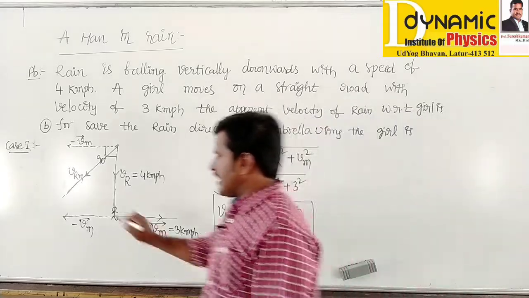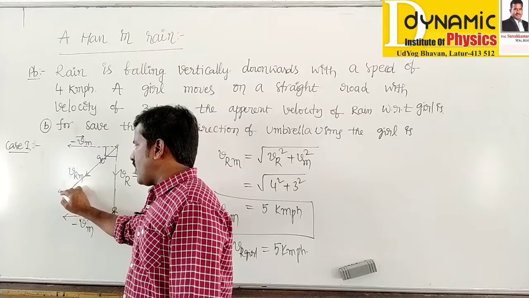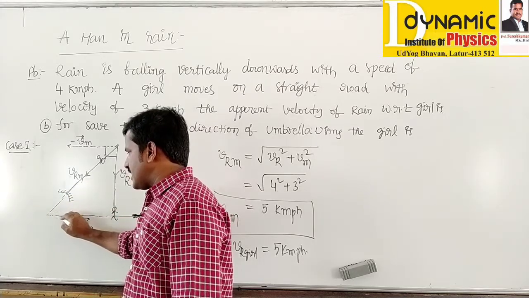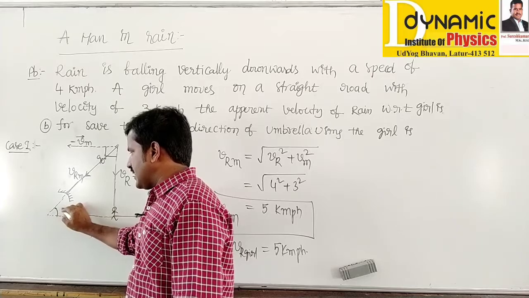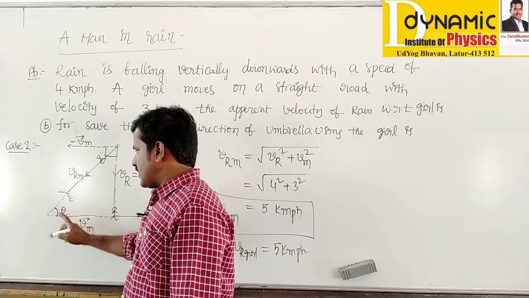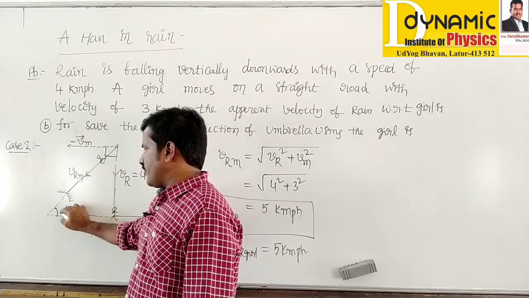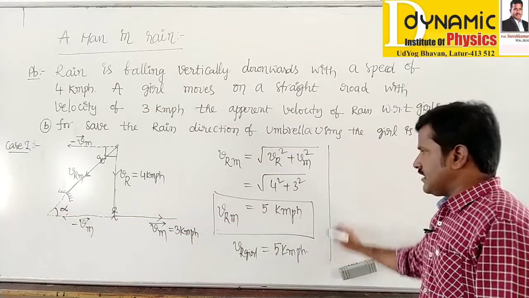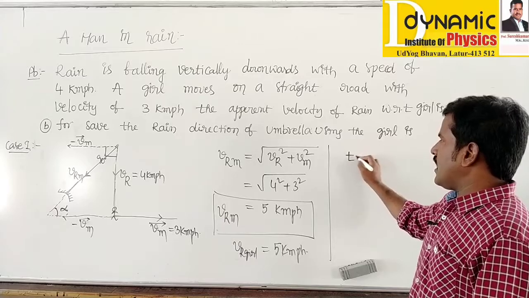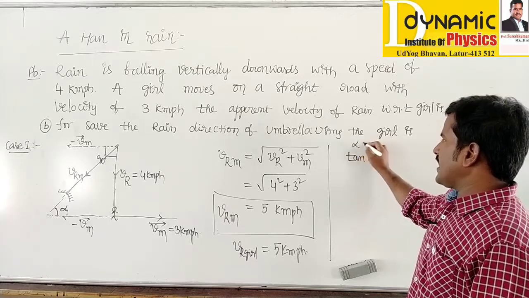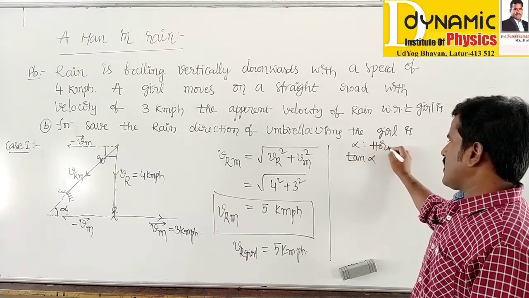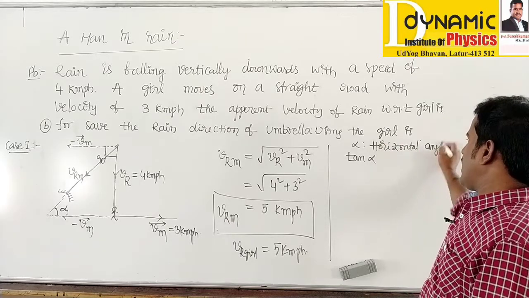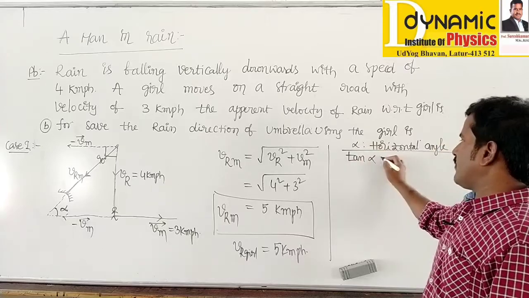And what is the direction of the umbrella with horizontal and with vertical? Suppose the umbrella's angle with horizontal is alpha.